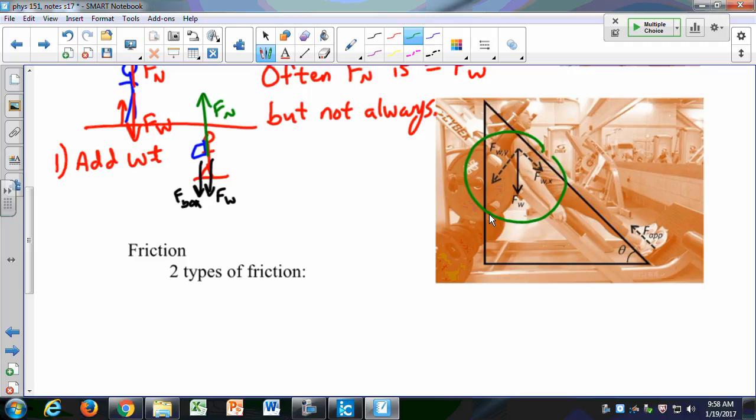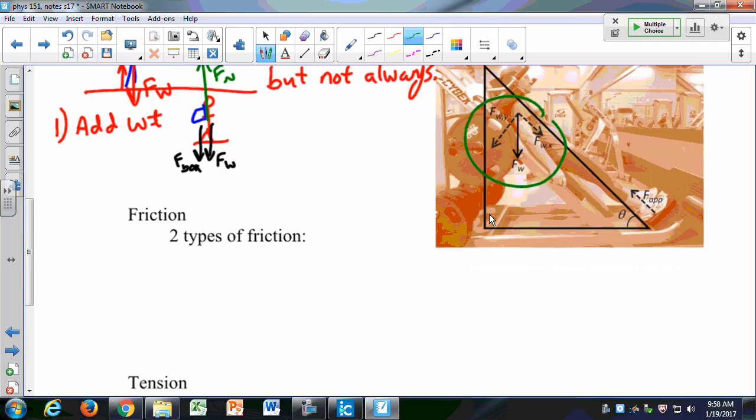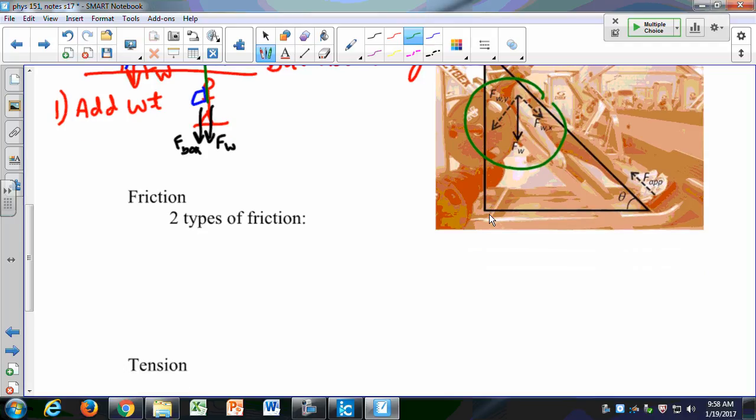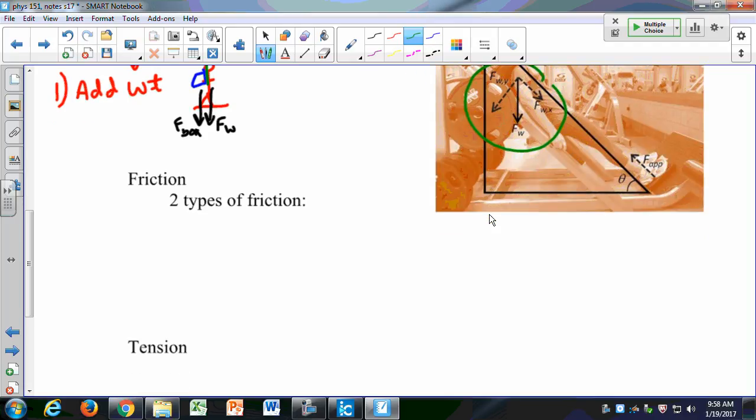Okay, moving on, we have one other type of force that we'll talk about, and that is the frictional force. There are two types of friction: static and kinetic. The value for friction, this is the variable that we'll use for friction, is equal to a coefficient times the normal force. Kinetic friction is equal to mu k times the normal force.